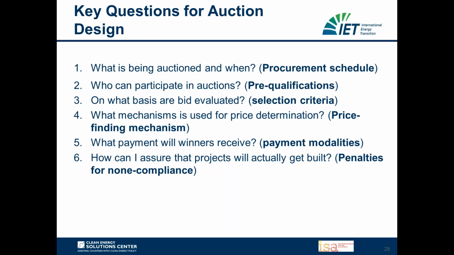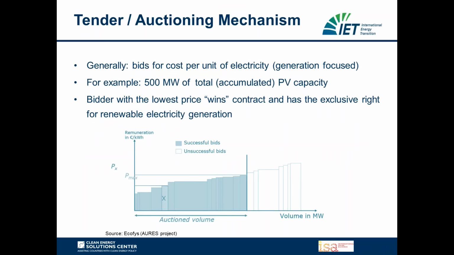What is also then crucial is to determine the price finding mechanism. What mechanism will be used for determining the price, as shown in the previous slides? You can either say that every bidder that is within the auction volume exactly receives the price that they have offered. So this would be called pay as bid pricing.